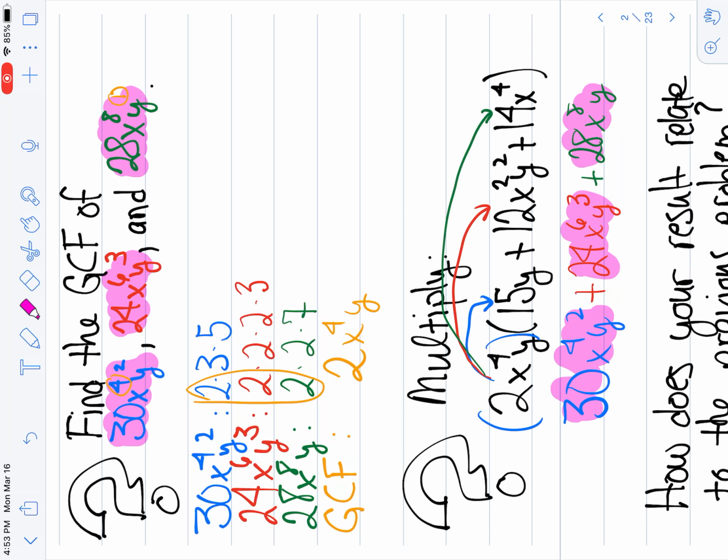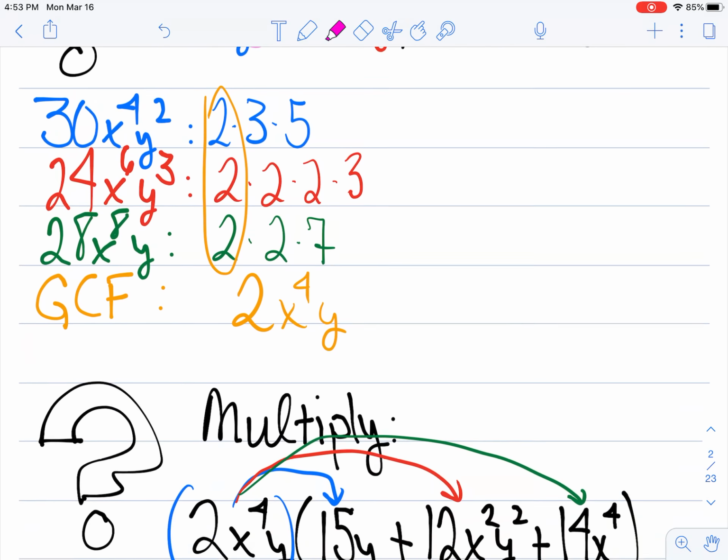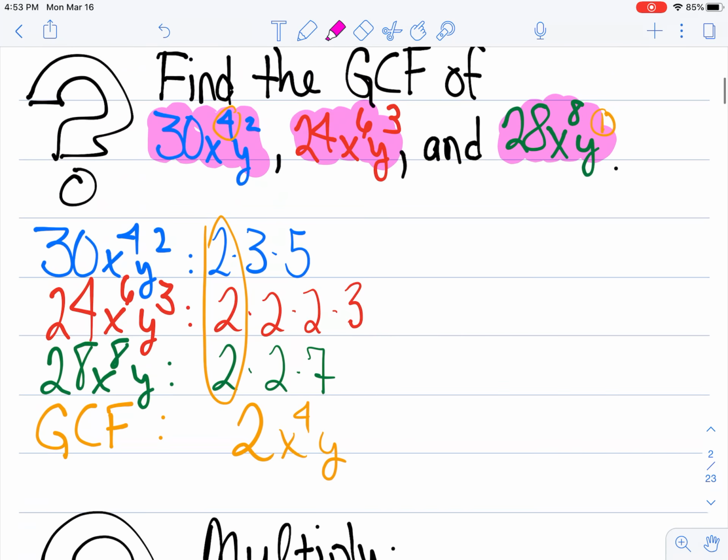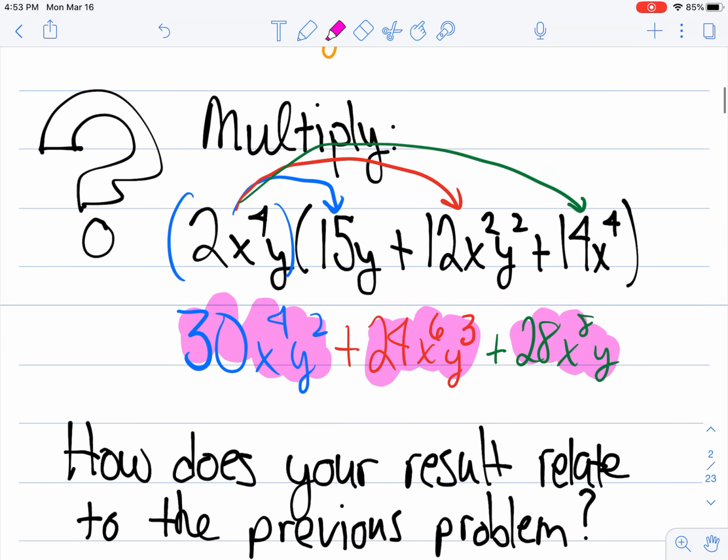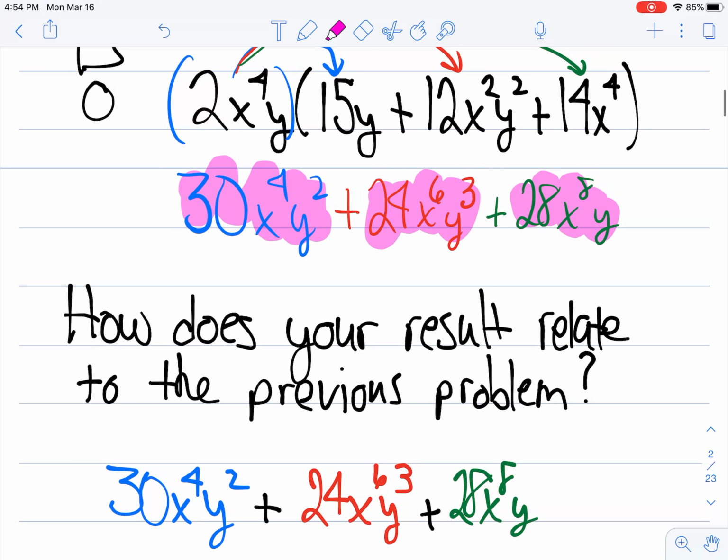So what we actually did was we factored our original expression. We added up all those terms together. How do we do it? We take each of the terms and we divide them by the GCF, the greatest common factor of all three.